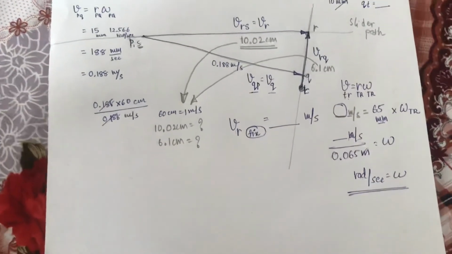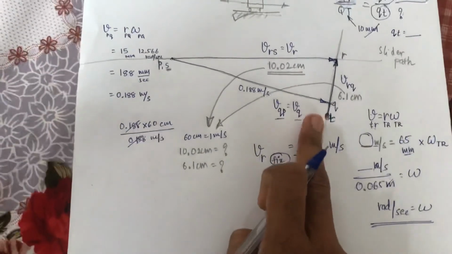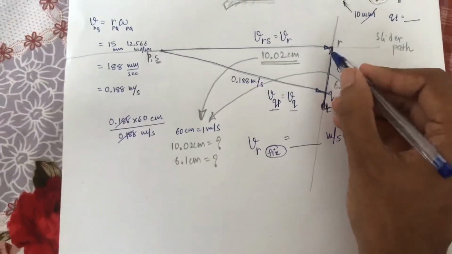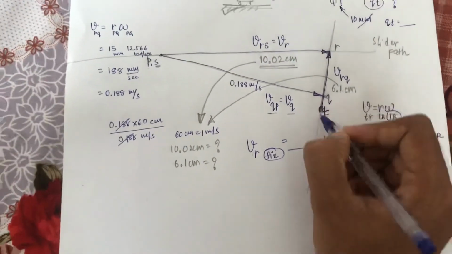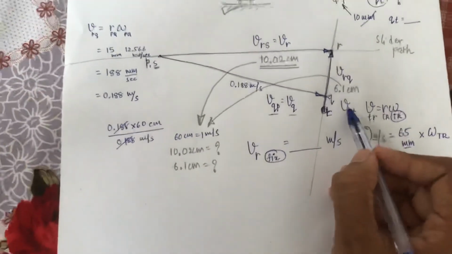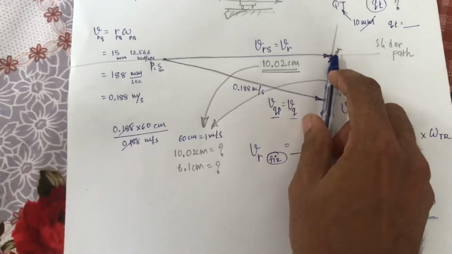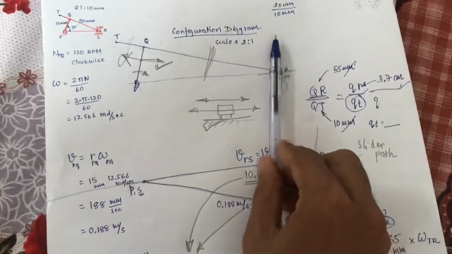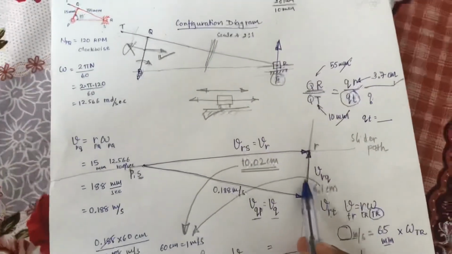Now the direction. For the direction of omega, we have to apply the arrow from the velocity diagram. For which link? It is the TR link. So here T and here R. We drew the arrow towards the R side. So that is the velocity of R with respect to Q, or when you start from T to R, that is the velocity of R with respect to T. So let us consider the velocity of R towards upside. I keep the pen point towards upside, that is the velocity of R. So keep this pen at R. That is an upside arrow, because here the arrow is towards upside.